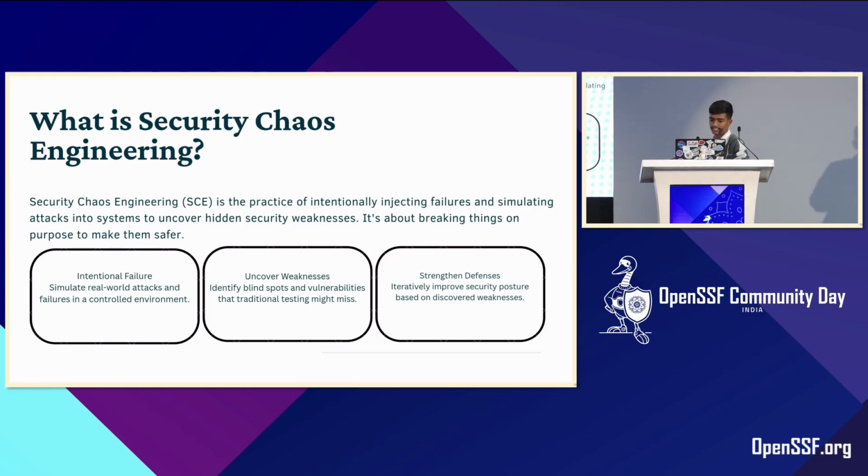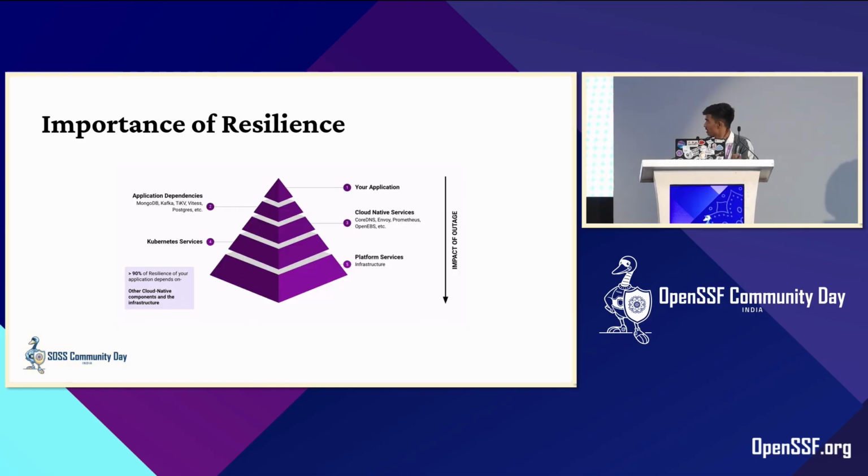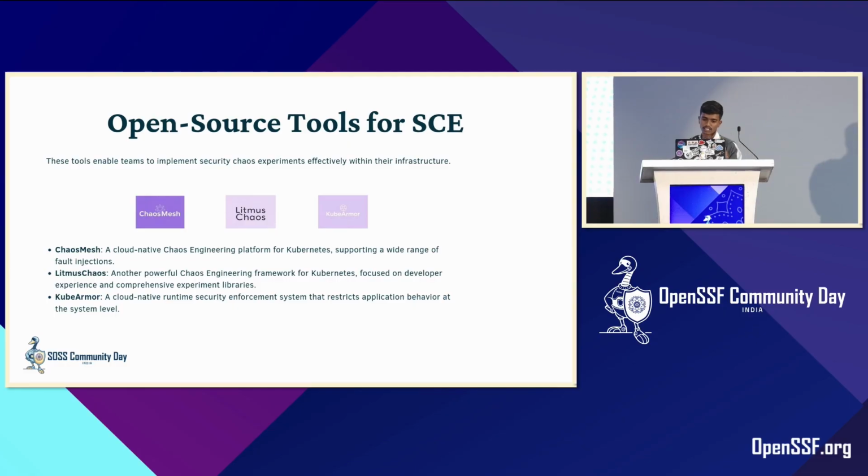You can inject failures and also simulate attacks on the system to uncover hidden security weaknesses, so that you break things on purpose to make them even safer. These are some of the key principles: injecting faults, observing outcomes, and hypothesis formulation. And one important thing we are going to talk about in this slide is open source tools for chaos engineering.